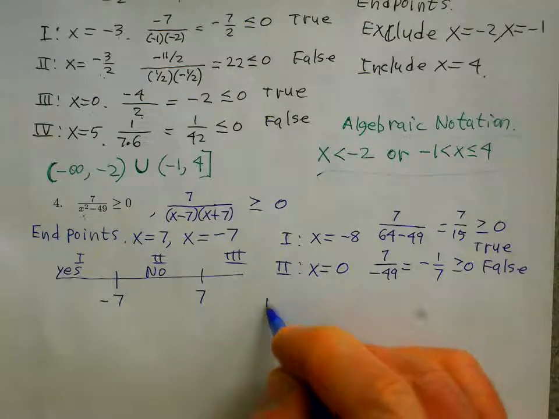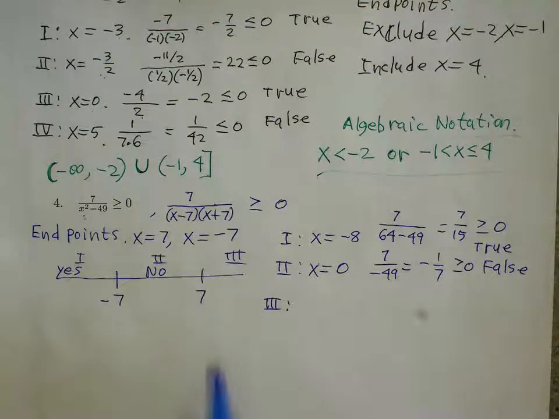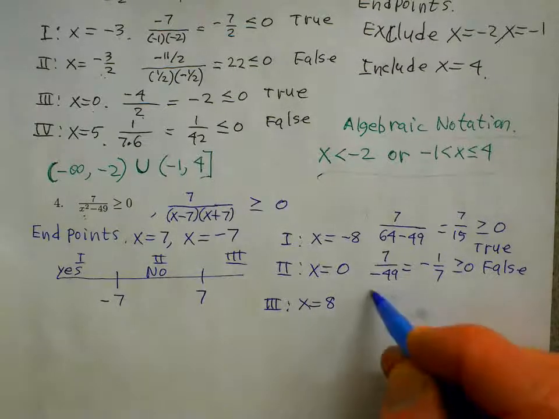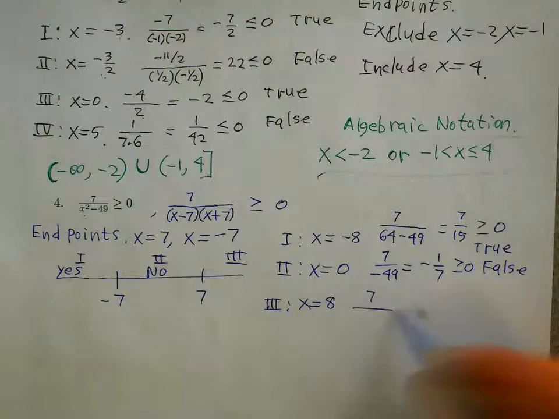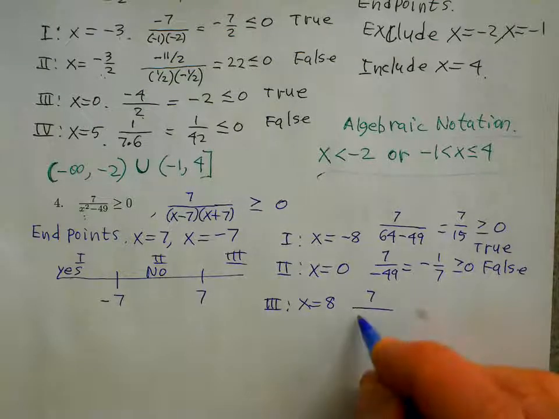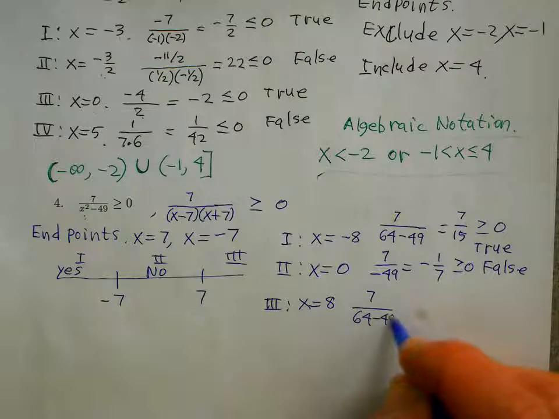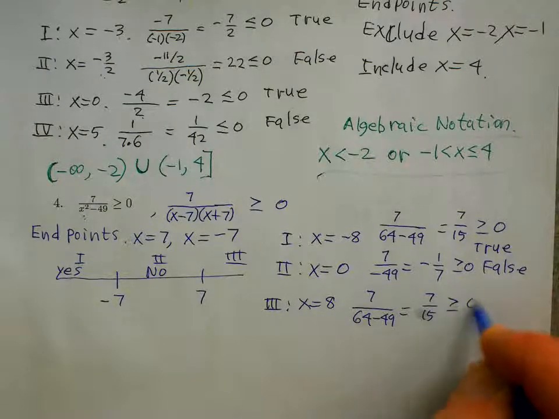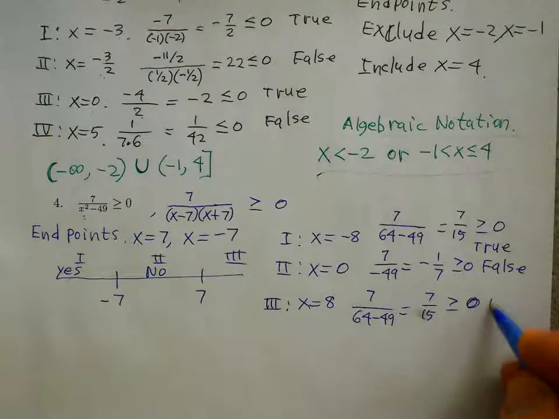In the third interval, pick a number greater than 7. I'll pick 8. In the inequality, 7 divided by 8 squared, which is 64, minus 49. So we get 7/15 again, greater than or equal to 0, which is true.